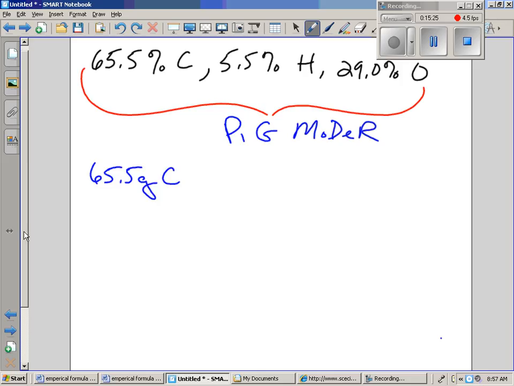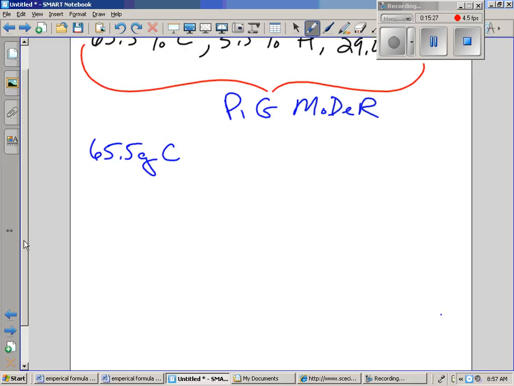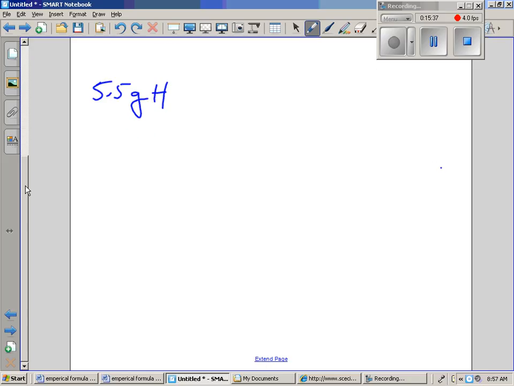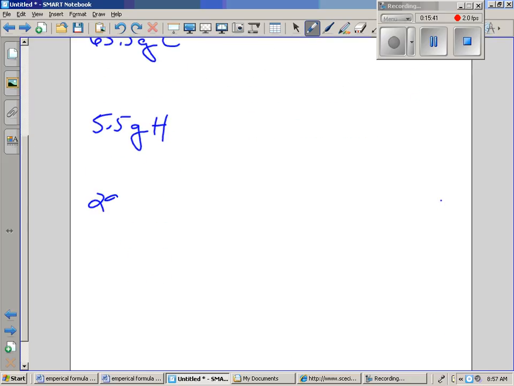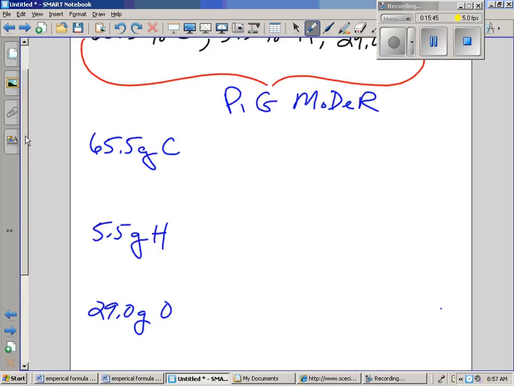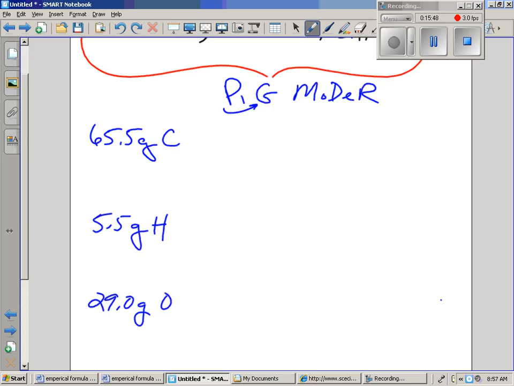Then I'll do the next one, because I'm going to do the math going across, left to right. Then I have 5.5 grams of hydrogen. And then I have 29.0 grams of oxygen. So I've gone percent to grams, and that was simple.